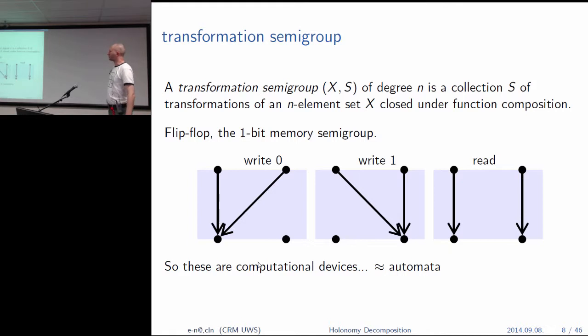The identity operation is basically the read operation. So essentially, for us transformation semigroups are finite-state automata; at this level we don't care about language recognition, for which automata are mostly used. We just consider the state transition structure.